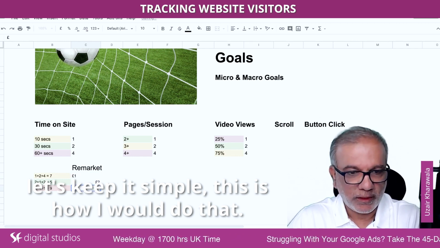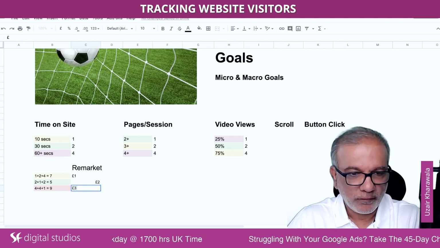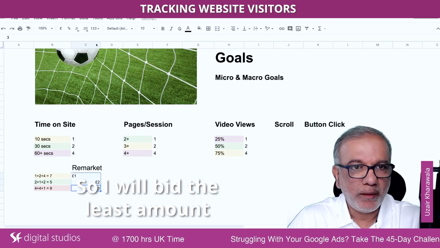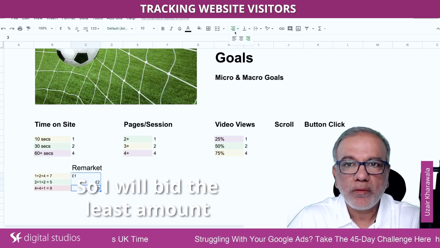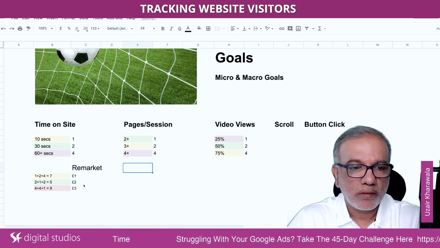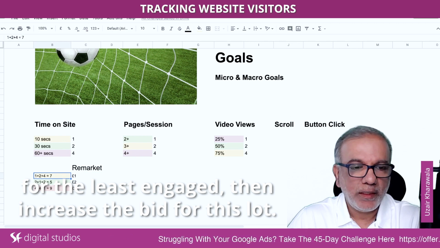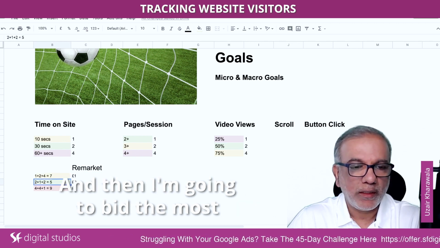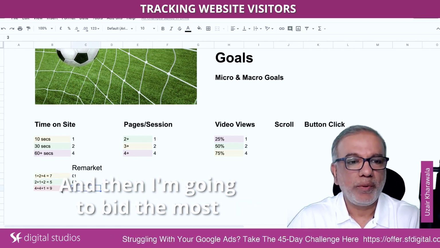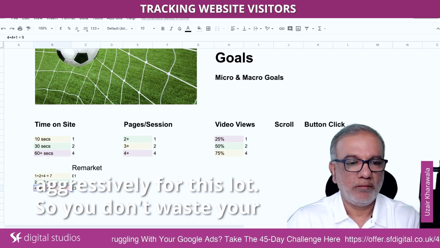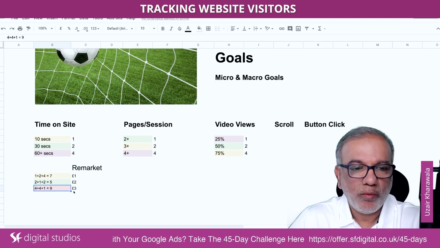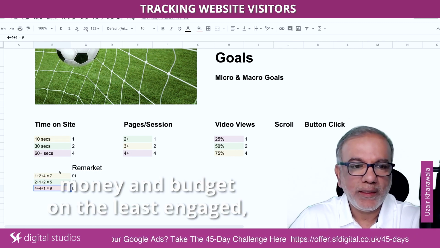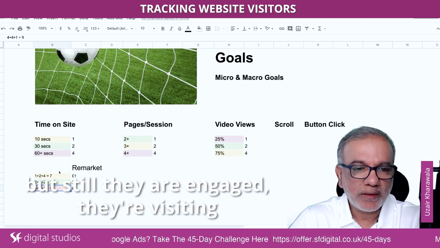This is how I would do that. So I will bid the least amount for the least engaged, then increase the bid for this lot, and then I'm going to bid the most aggressively for this lot. So you don't waste your money and budget on the least engaged, but still they are engaged.